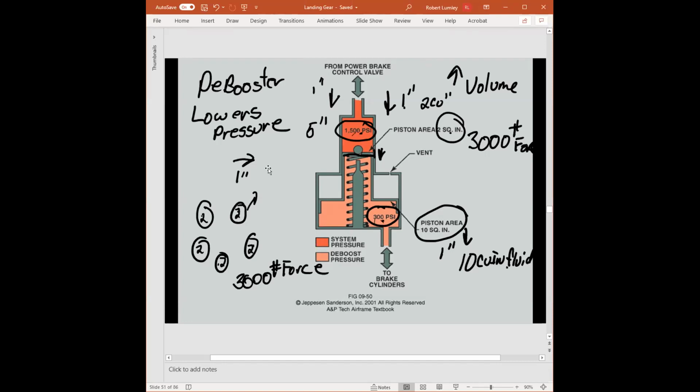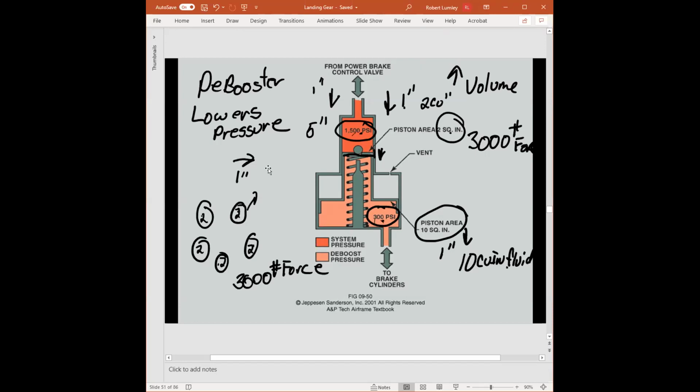Let me see if I can find the question. And by the way, I hope you guys know that the brake section has a hell of a lot of questions. Oh, there it goes.